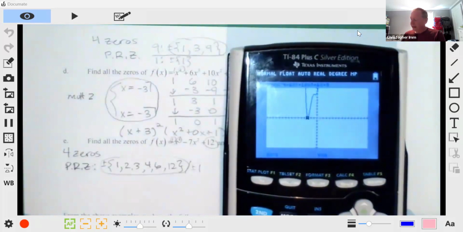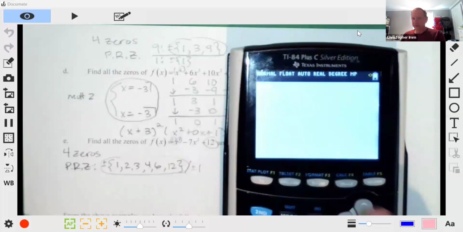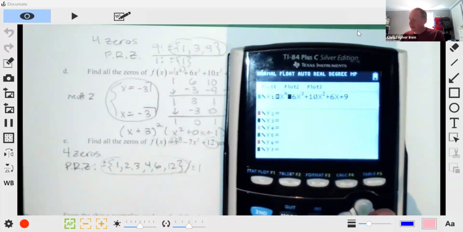Let's go ahead and graph this. So I'll go to y equals, and this will be x to the 4th minus 7x squared plus 12.